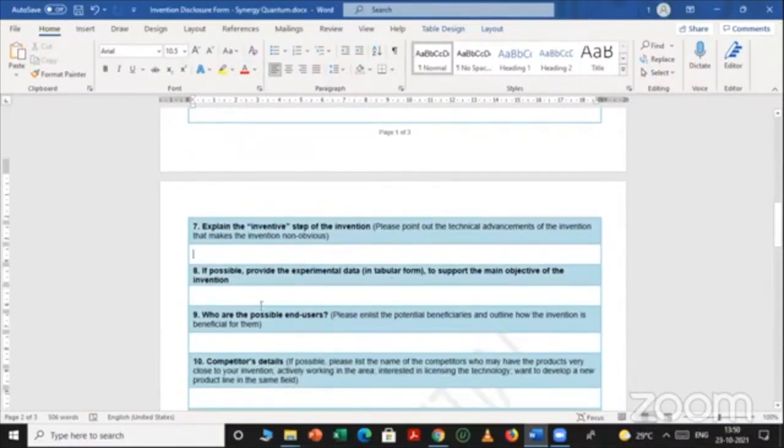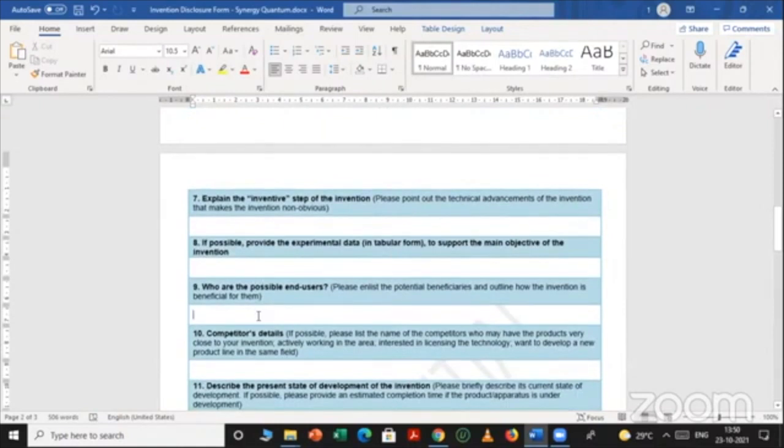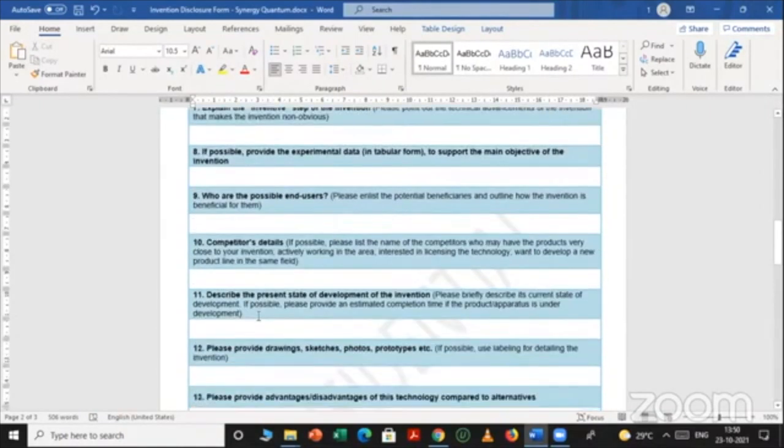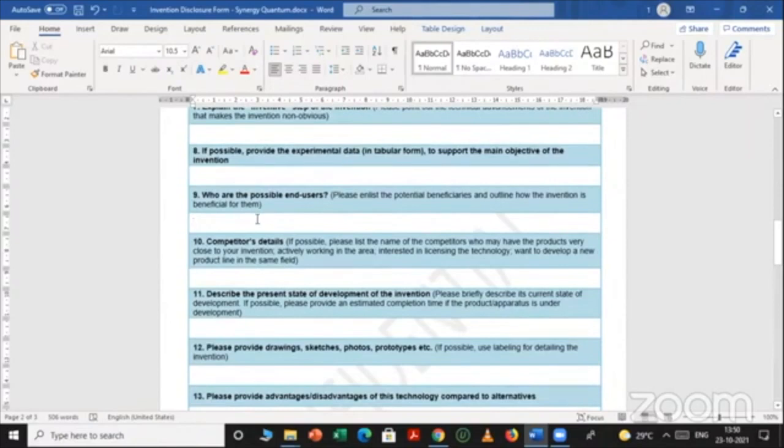Similarly, the end user can also be somebody who owns a car. So you have to list out all the possible end users.